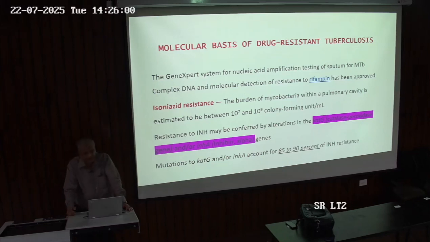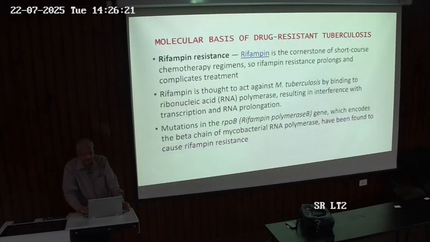Resistance to INH may be conferred by alteration in the KatG gene. As I have told you, there can be mechanisms of efflux, but this is not true here. It is the genetic alteration which leads to resistance in tuberculosis. So, this mutation accounts for about 85 to 90% of INH resistance.